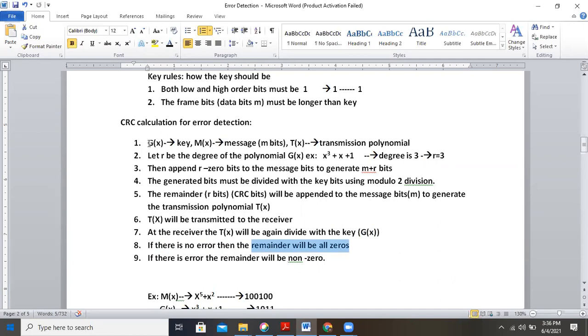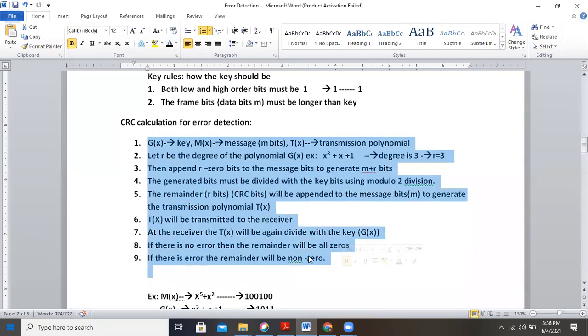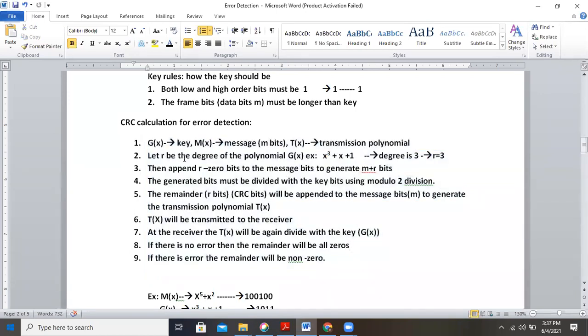So these are the steps to be followed. What are the steps? Key, message, and transmission polynomial. These are the 3 terms we are going to use. Whatever the key bits, what is the degree of the key? If the degree of the key is R, we need to append R 0 bits to the message to generate M plus R bits. This we need to divide with the key and generate the CRC bits.